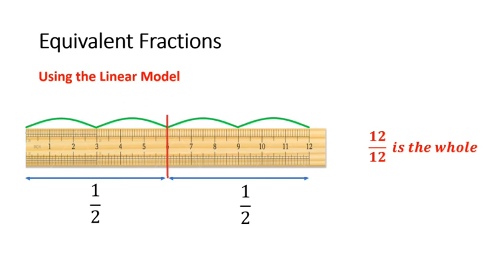Here, since there are 4 equal divisions, we can say a half is equal to 2 out of 4, since the half, let's say to the left of the red line, has 2 leapfrogs, and there are a total of 4 leapfrogs throughout the entire length of the ruler. So a half will be equal to 2/4.